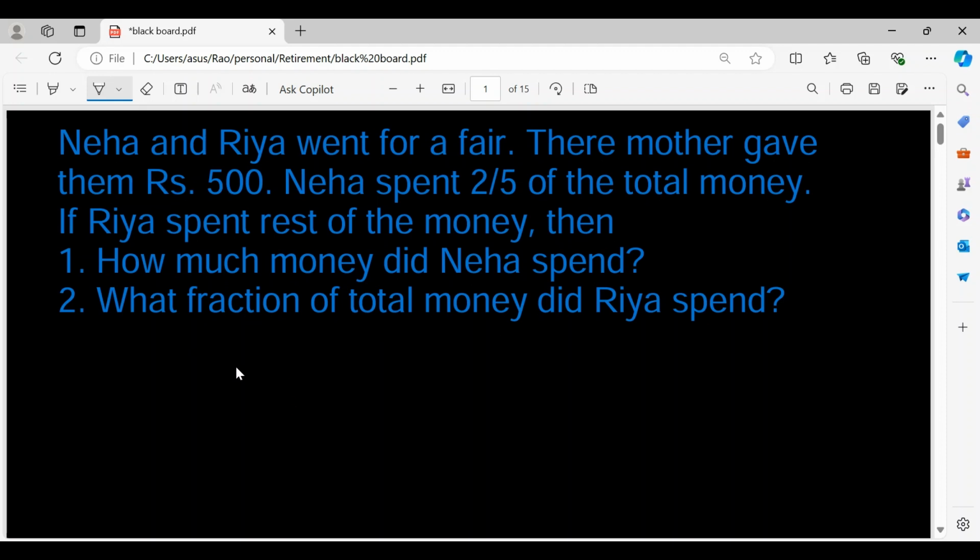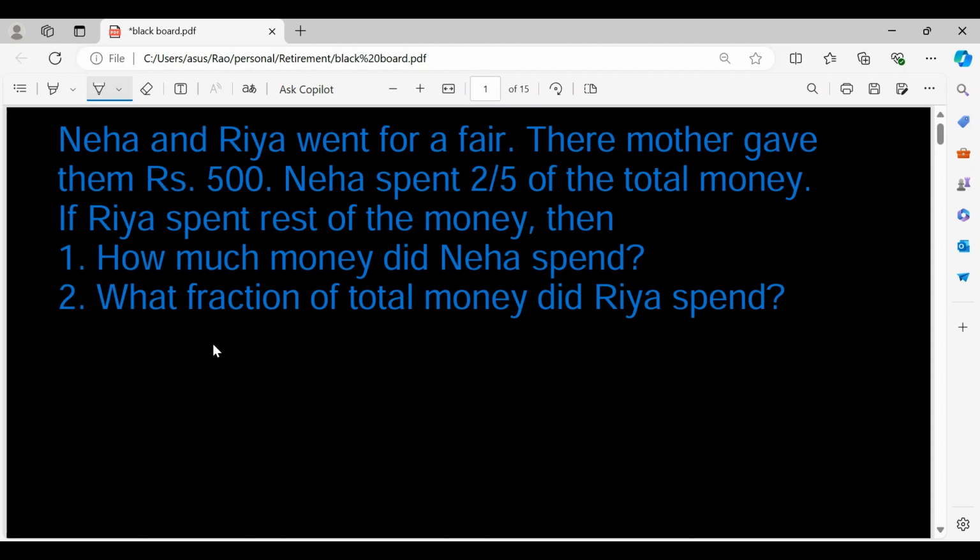One is the given part, and here we write the information which is given.